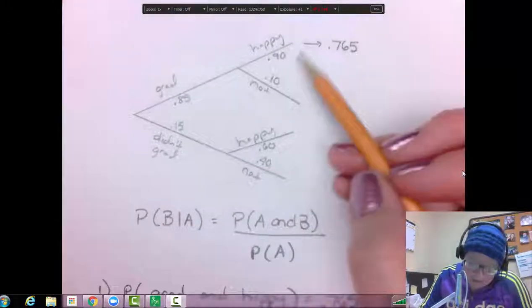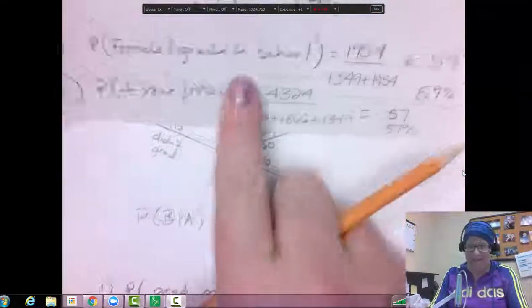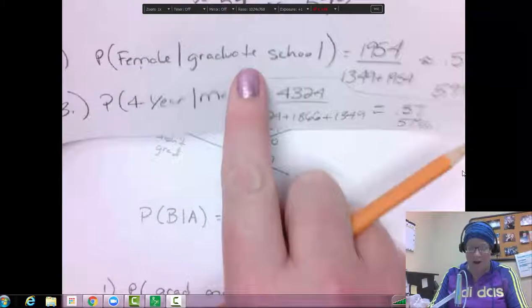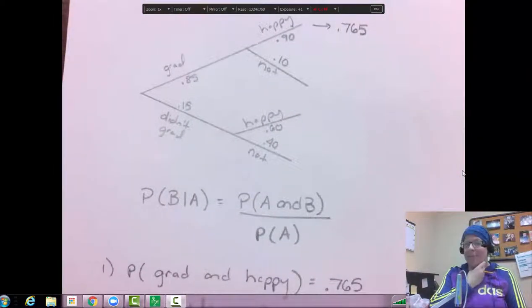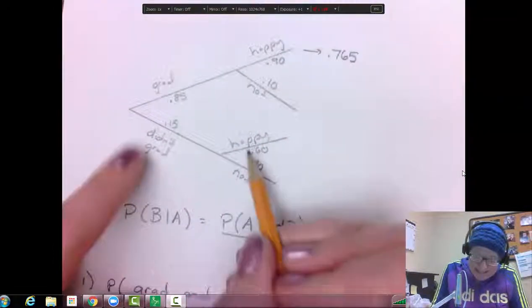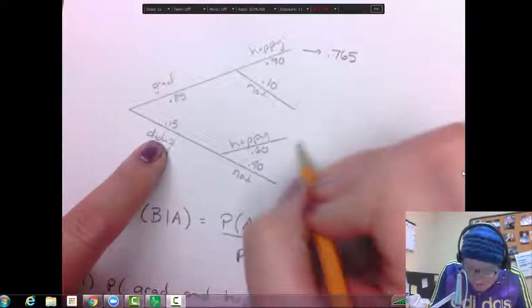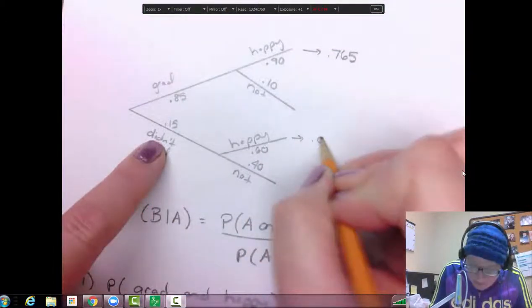So what's the probability of completely being happy? Kind of like we went on this problem with the second one, right? Being our denominator, our graduate school, or our male. It's the same idea here as we have to go with happy. Happy in general are both these two lines. So I need to get this probability here because it will times these two together, and this would give me 0.09.